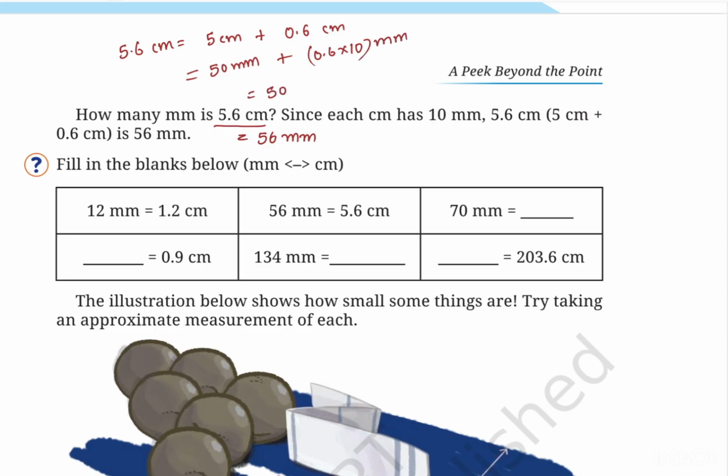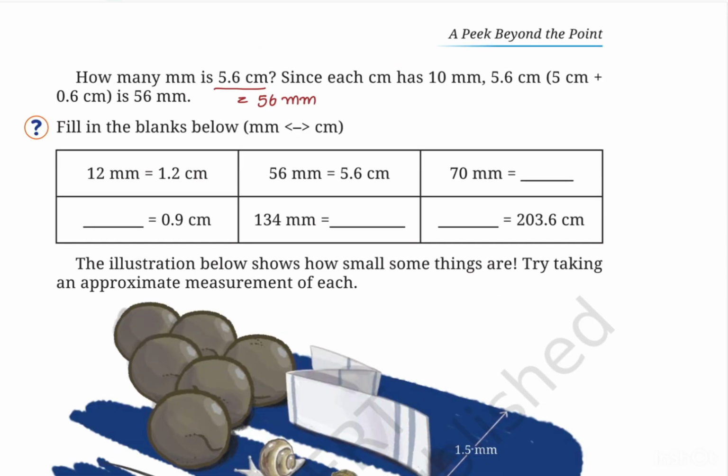So 50 millimeters plus 6 millimeters, we get 56 millimeters. So we can do this in two forms. We have been given a box. We have to convert millimeters into centimeters and centimeters into millimeters.